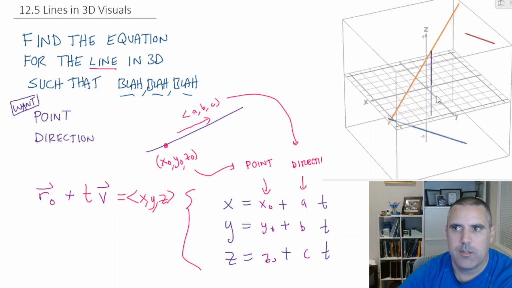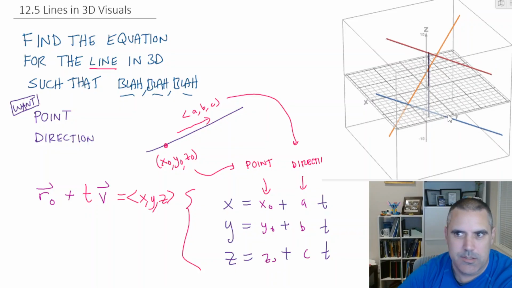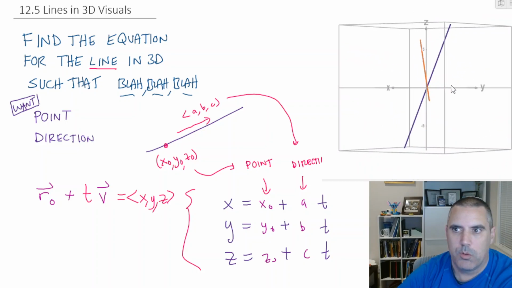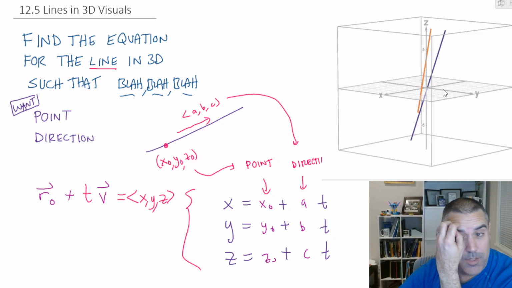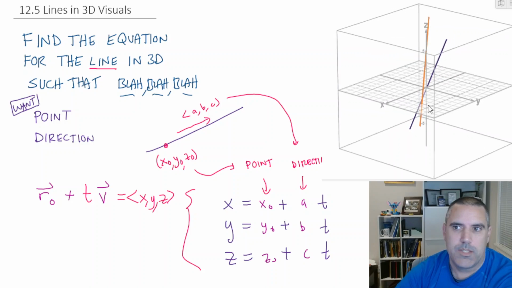That's different again than parallel. Parallel basically means they're always the same distance from each other. Skew means there's actually one moment when they're closest. And you could use calculus to find out when they're closest if you wanted. It's a minimization question. But they never hit each other, no matter how you walk along them. There's another possibility.